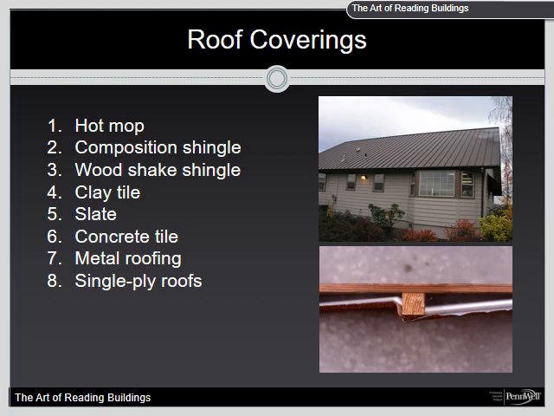Composition shingles. This is what we're primarily going to find on our residential homes, especially here in Georgia. Usually it's those architectural asphalt type shingles that are good anywhere between 20, 30, 50 years, depending on how much you want to pay.